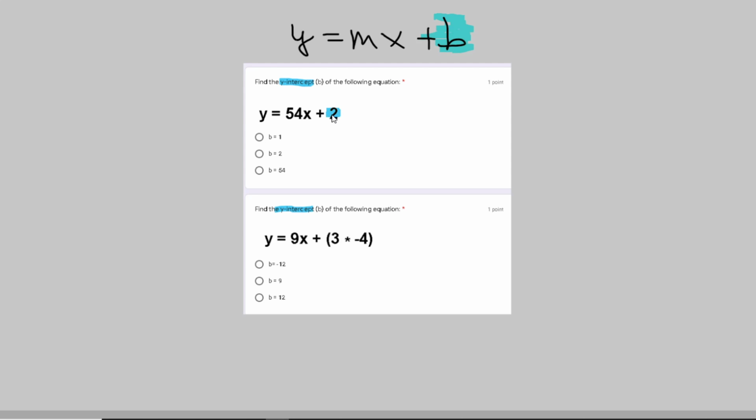The y-intercept is 2. The slope is 54, but the y-intercept's 2. So that's your answer. Now down here, it's a little harder, but it's the same idea. This is your y-intercept, so you need to do 3 times negative 4. We know 3 times 4 would be 12, but we're multiplying by one negative number, so 3 times negative 4 will be negative 12. So that's all you've got to do for these.